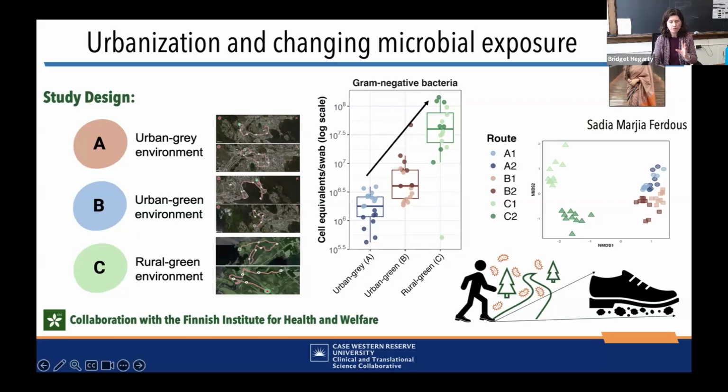At a first pass, you can see that there are two clusters for each of the rural environments and that they're very different from each other. And we see clustering for both of our urban environments with some separation between the urban gray and the urban green. What this shows is that there are differences in the bacterial communities between the urban and the rural environments. We also repeated this for the fungi and saw very similar results.